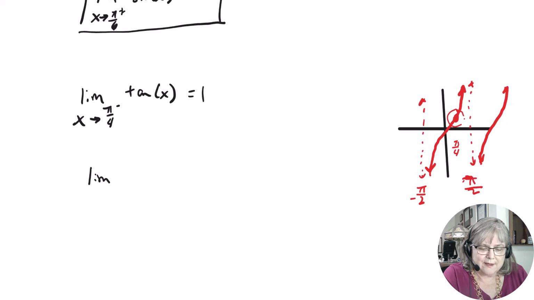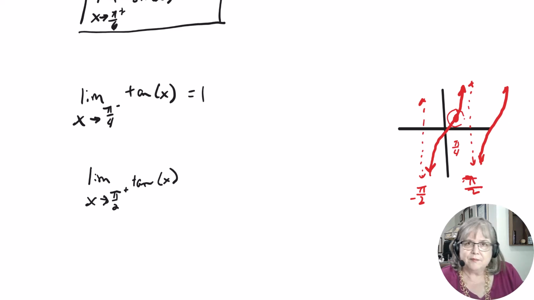However, if they said, what's the limit as x approaches pi over 2 of tangent from the right, you go, wait, tangent of pi over 2 is undefined, right? Because you're right here at this asymptote.